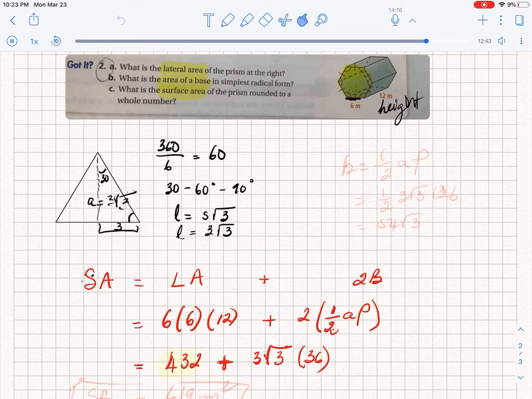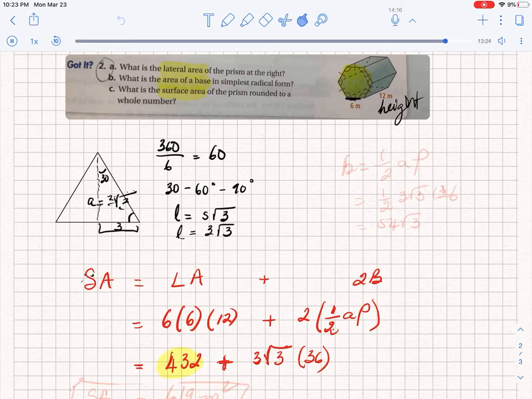Since I know it is the surface area of the hexagonal prism, I should have the lateral area, which is the perimeter of the base times the height, plus the area of the two bases. What I did was take the perimeter of the base times the height.